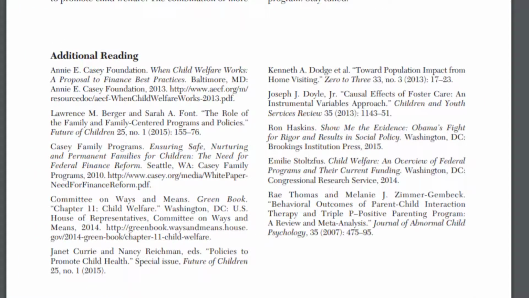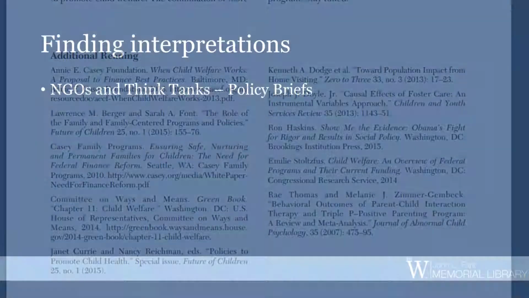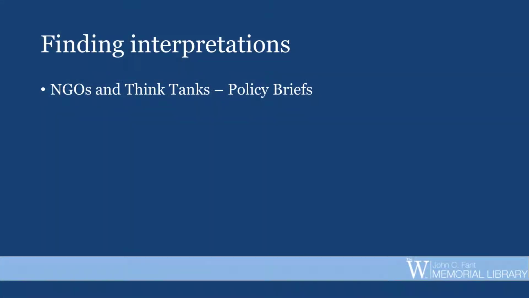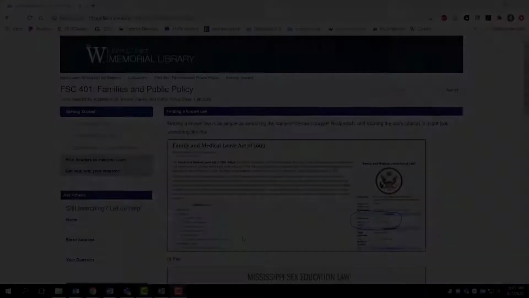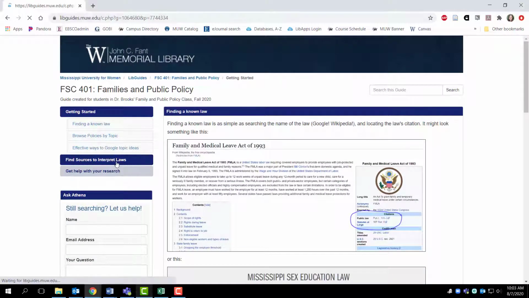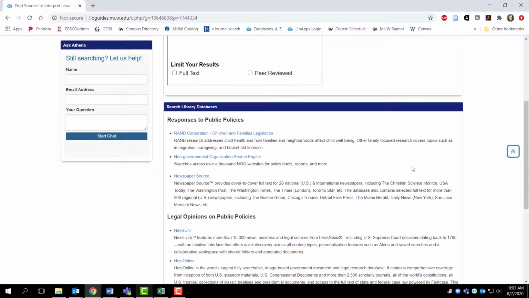Okay, let's say you've decided on a law that interests you and you've read through it. Now you're ready to develop pros and cons for this law, and you're ready to cite some sources about this law. Remember those NGOs and think tanks? Remember that policy brief you found when looking for a law to research? You've already got a potential source here. You are one step ahead.